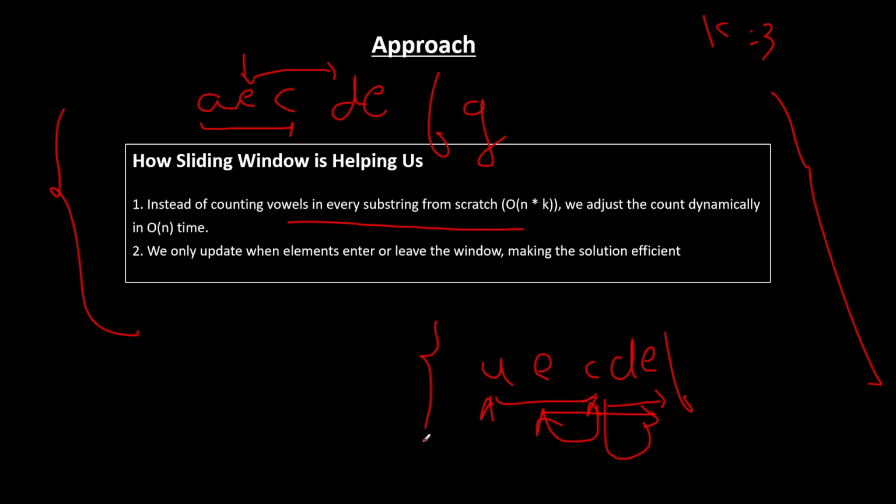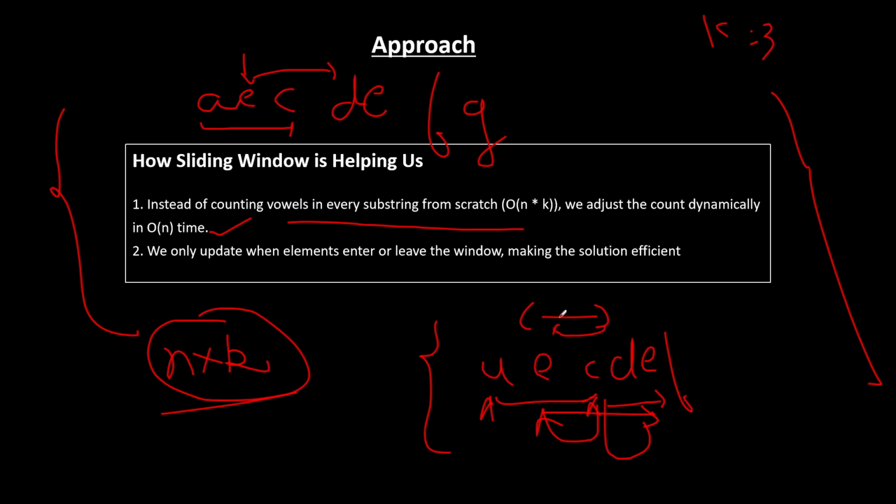This is basically iterative, and it makes the complexity n into k, right? To remove this, we use the sliding window to get O of n, because if you remember our intuition and approach, we were just sliding the window from left to right instead of going back and forth. We only update when elements enter or leave the window, making the solution much more efficient.